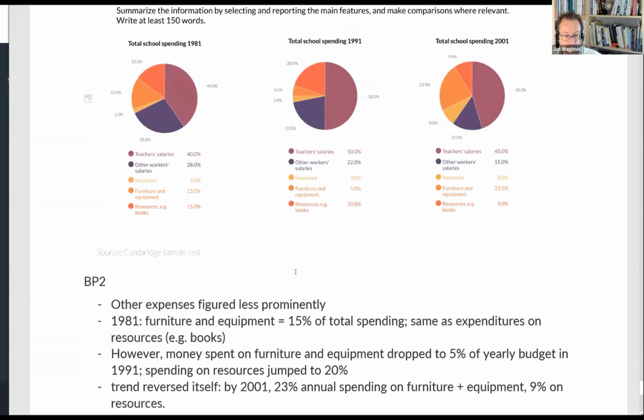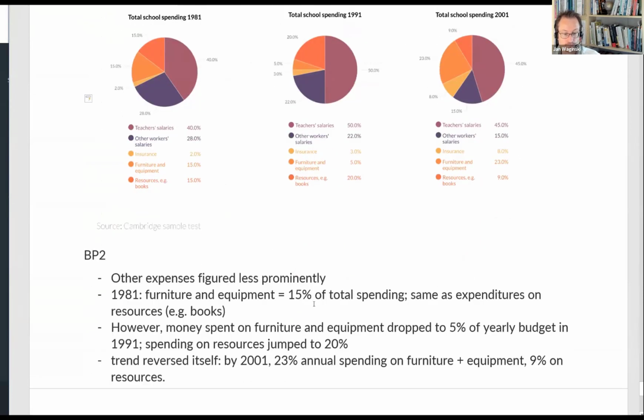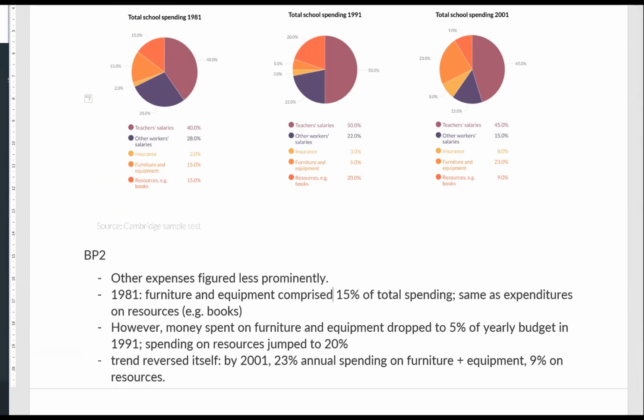Amar, body paragraph 2. Other expenses figured less prominently in 1981. Furniture and equipment comprised 15% of total spending, same as expenditure on resources.